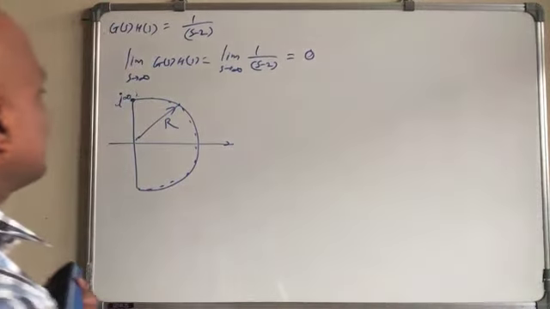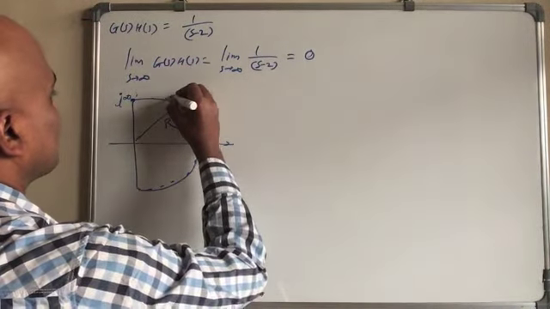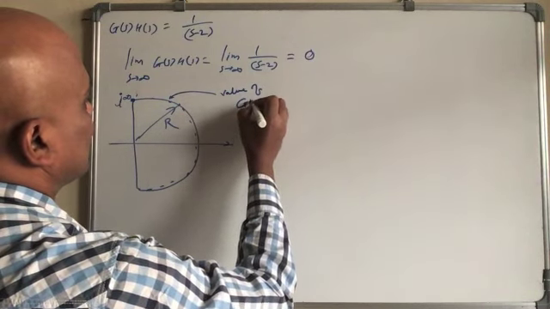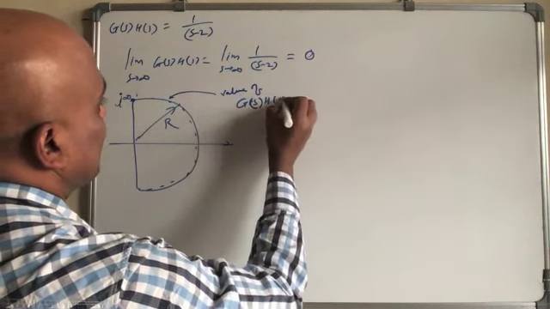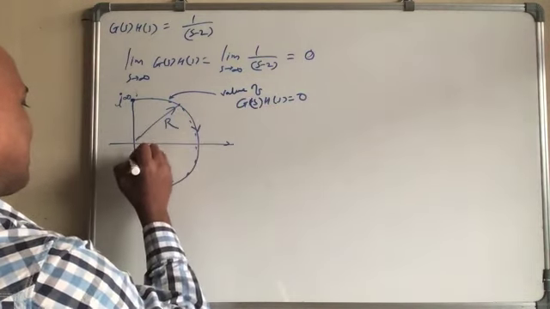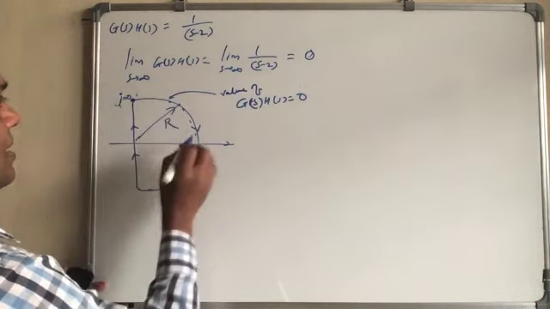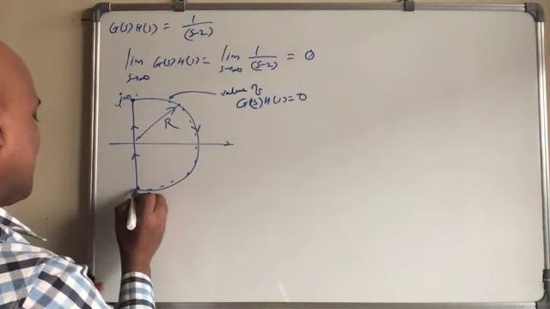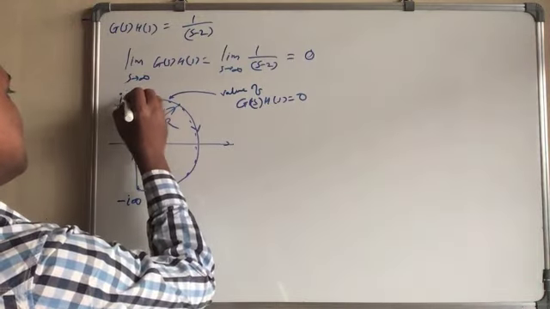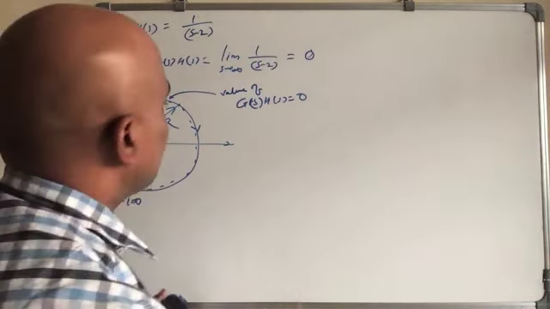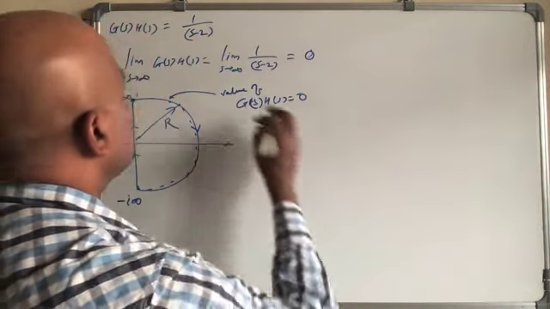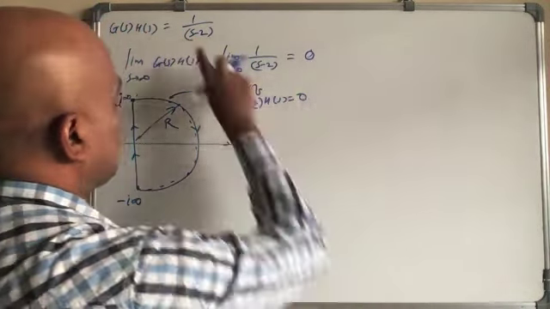We will simply write here that the value of GS HS equals 0 for the entire loop, clockwise, right? Here we don't know; here this value is minus I infinity, this is I infinity, and we are going to see the GS HS plane, or simply we have to draw the Nyquist plot, right?